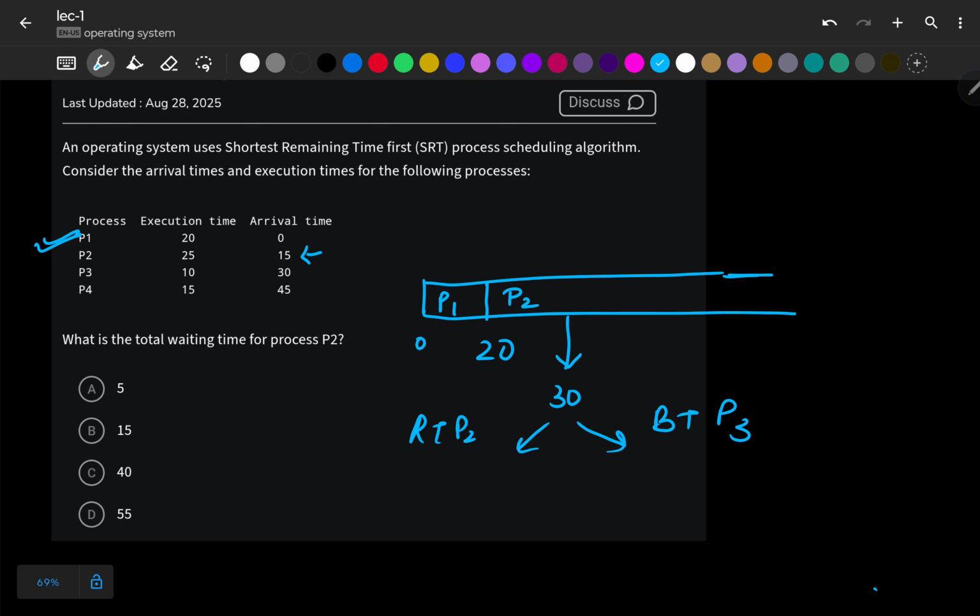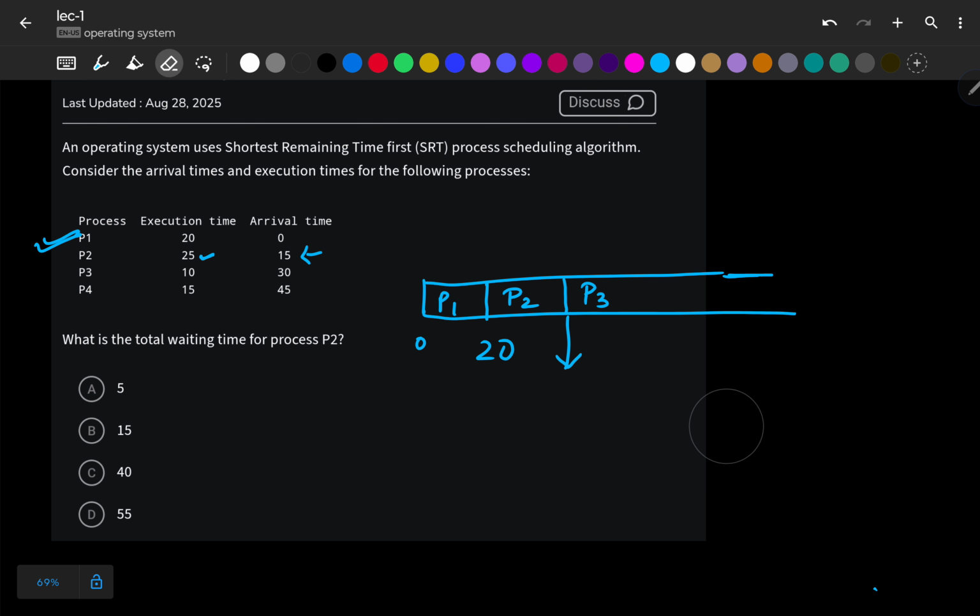The execution time of P2 was 25 and we have run 10 units, so the remaining time will be 15, and the burst time of P3 is 10. Which one is less? 10 is less. So now we will preempt the process P2 at 30 and we will start the process P3.